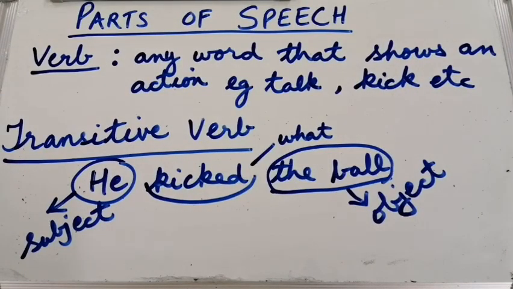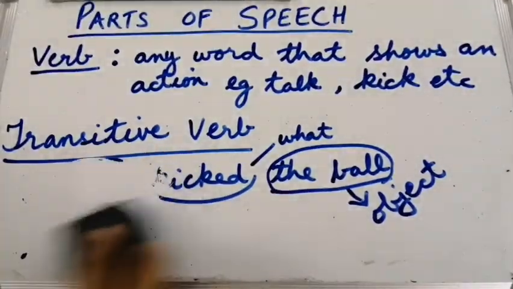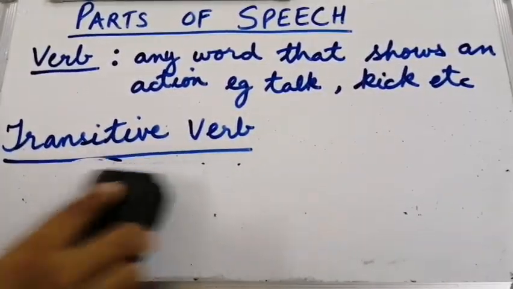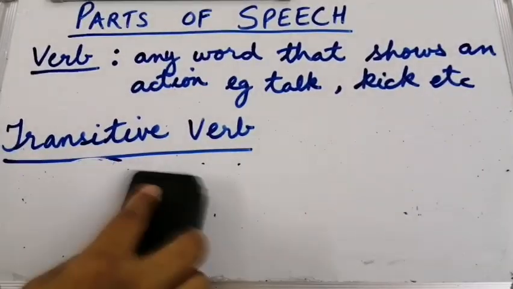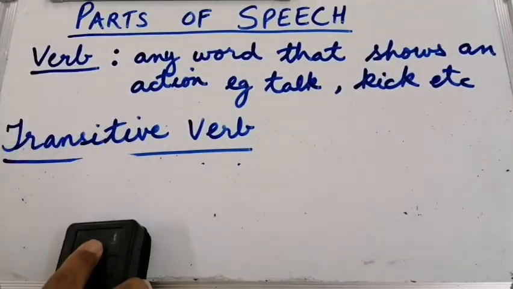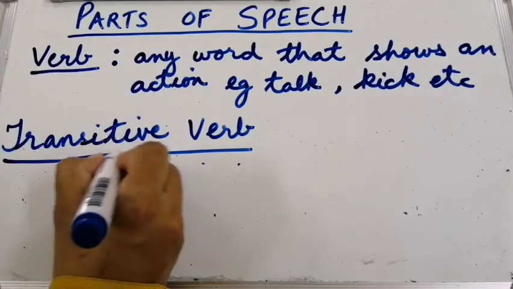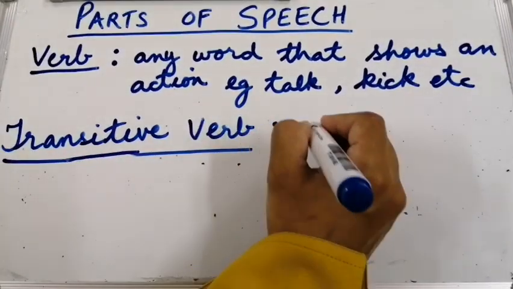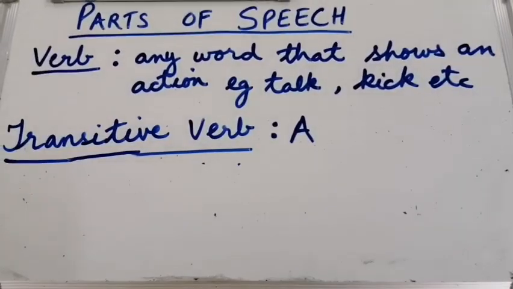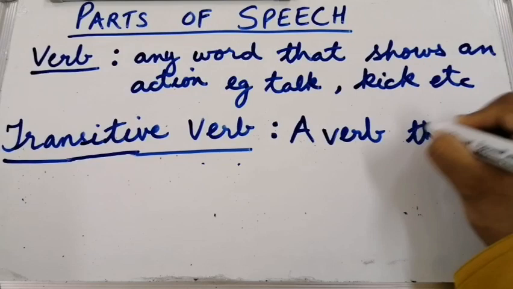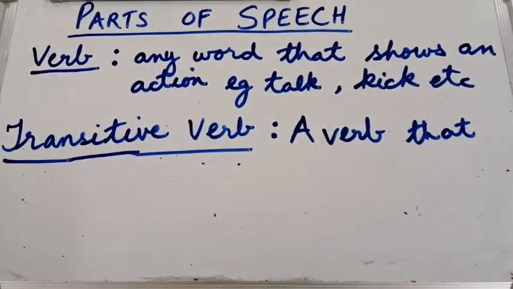How you will write it in your notebooks? You will not write like this. This is just explanation. I will write it for you again. You can write here a verb that has an object.